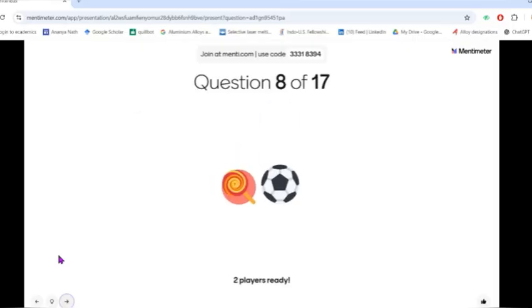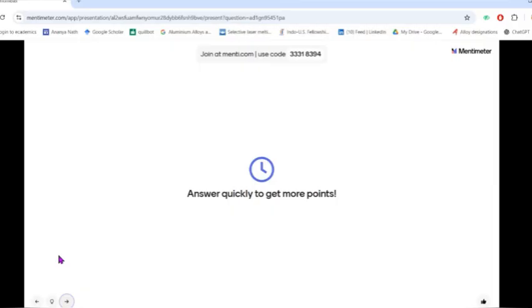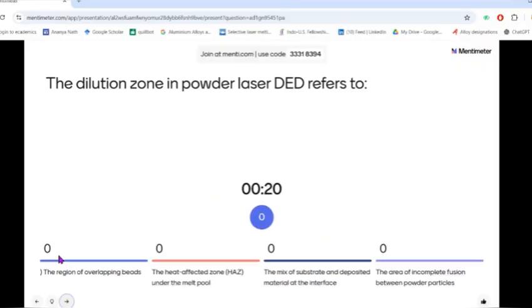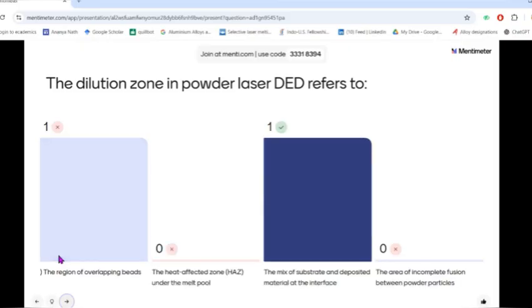Here comes our 8th question. So the dilution zone in powder laser DED refers to the mix of substrate and deposited material at the interface.